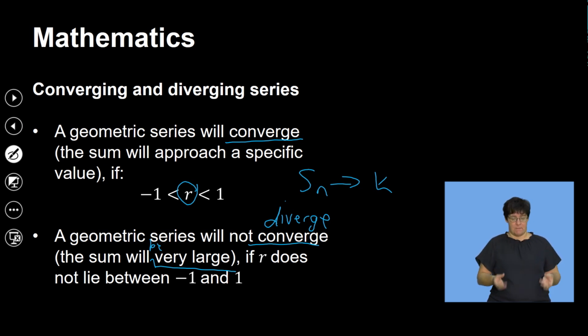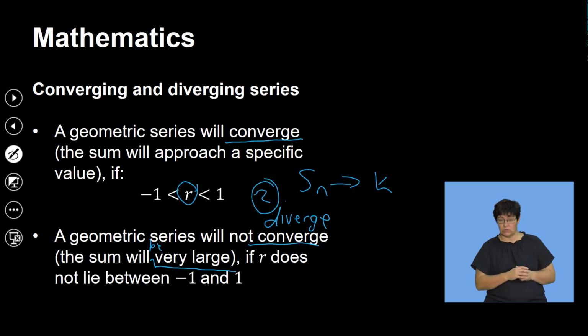It is approaching infinity, right? And if r does not lie between -1 and 1, so if my r is like 2, then that series is diverging. If my r is like -3, that series is also diverging.